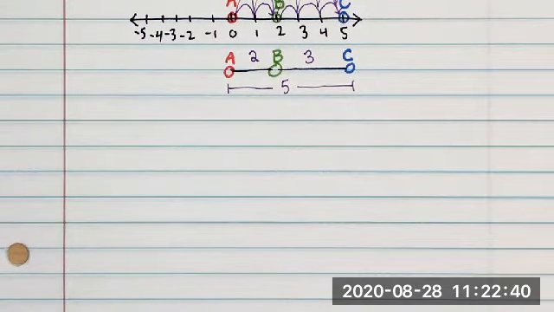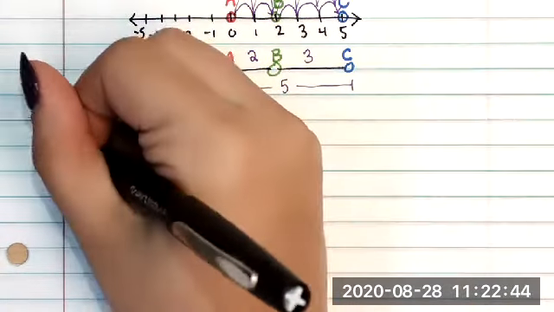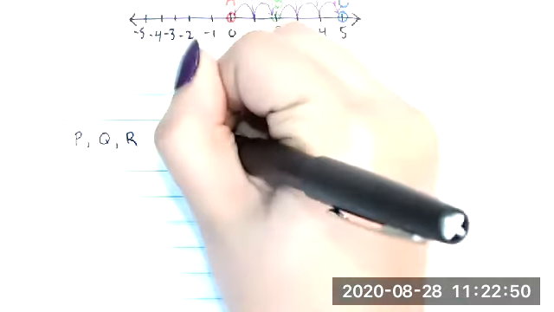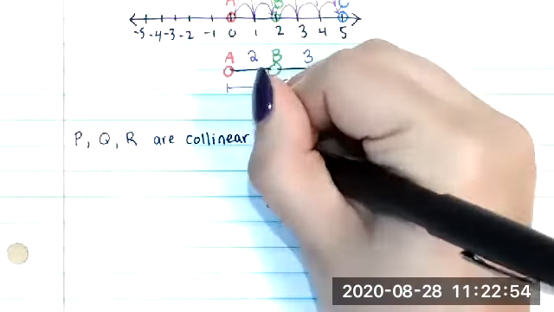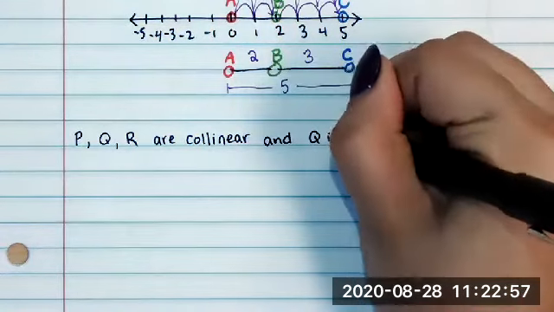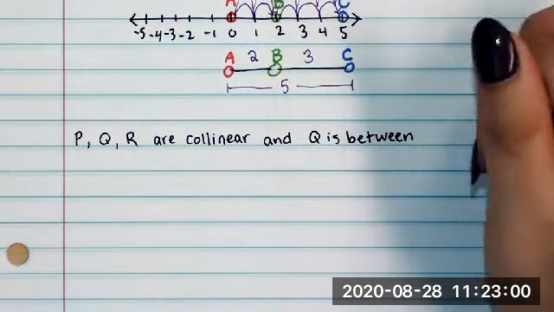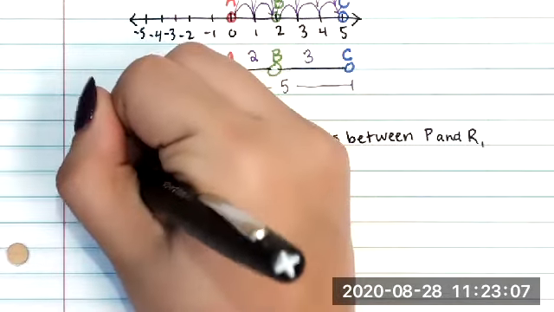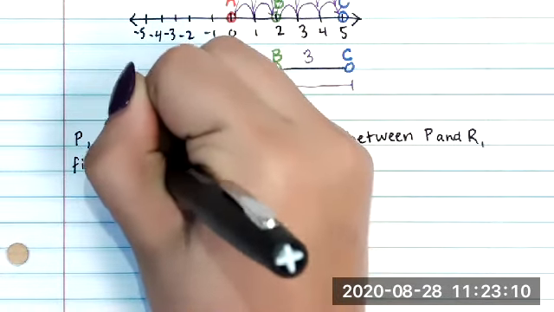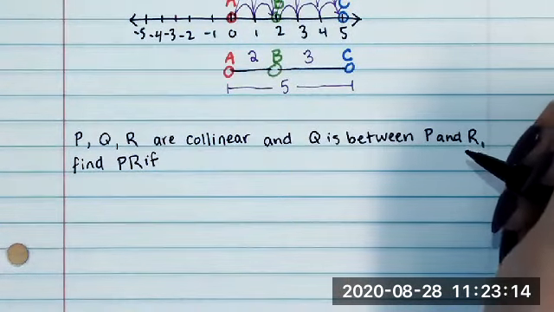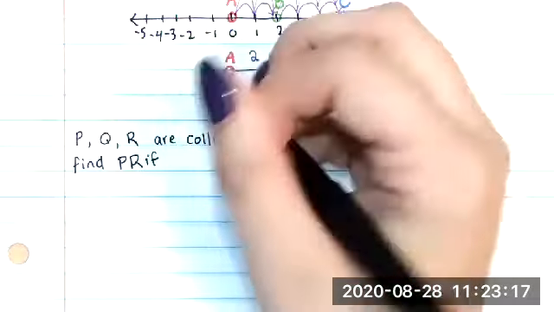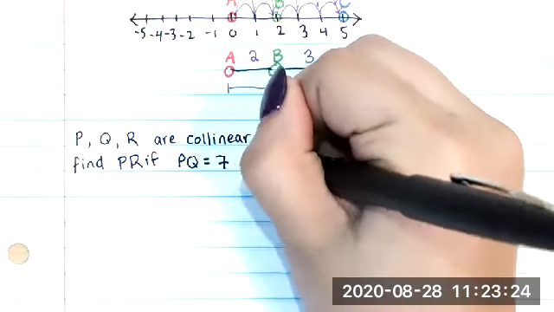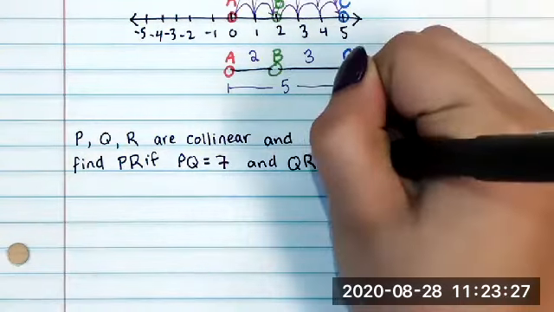So if I give you a problem where P, Q, and R are collinear, and Q is between P and R. Find the length of PR if, sorry, I didn't write that very well, find the length of PR if from P to Q is 7 units and Q to R is 5 units.